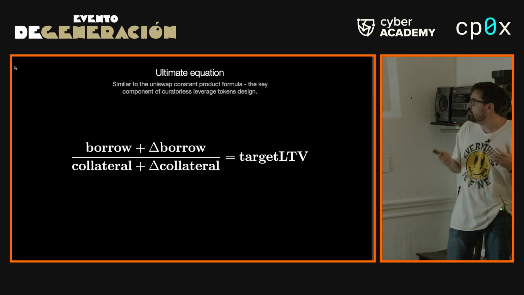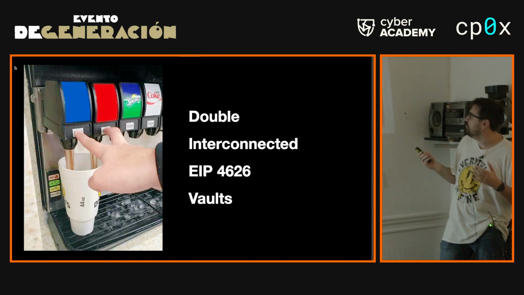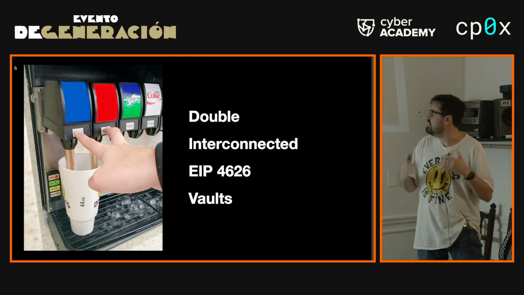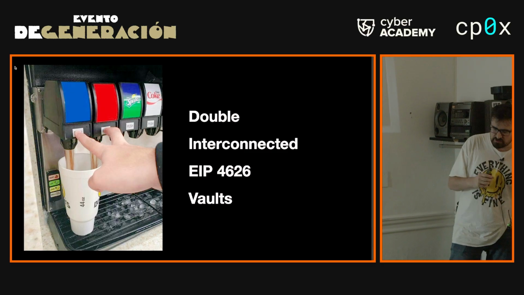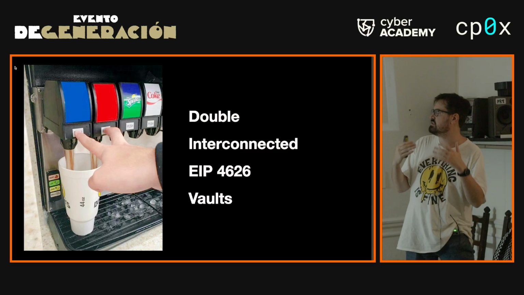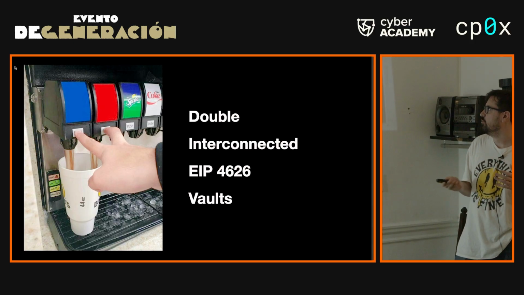We use auctions for this, and as a result, we got double interconnected ERC-4626 vaults, one with the collateral token, another one with the borrow token. It's just two interfaces in one vault.